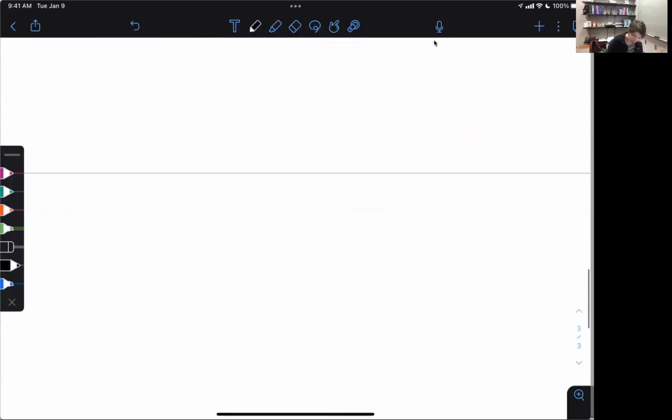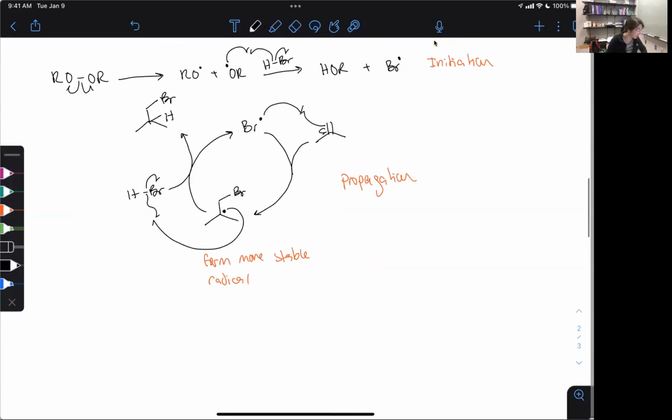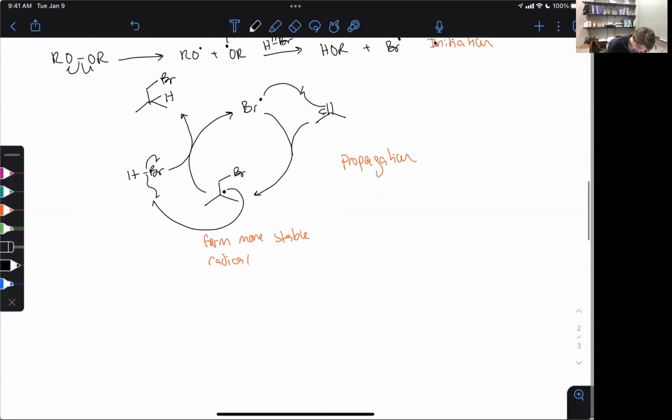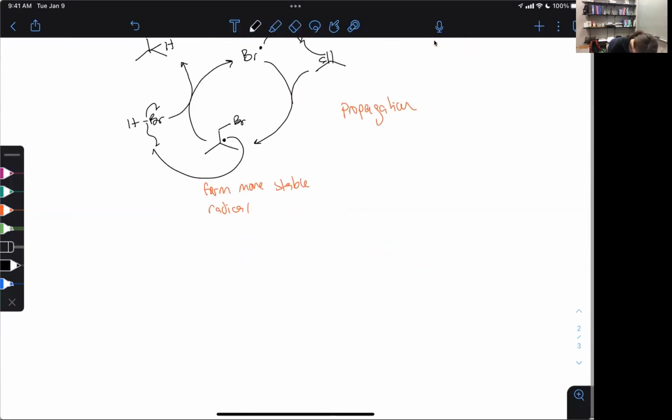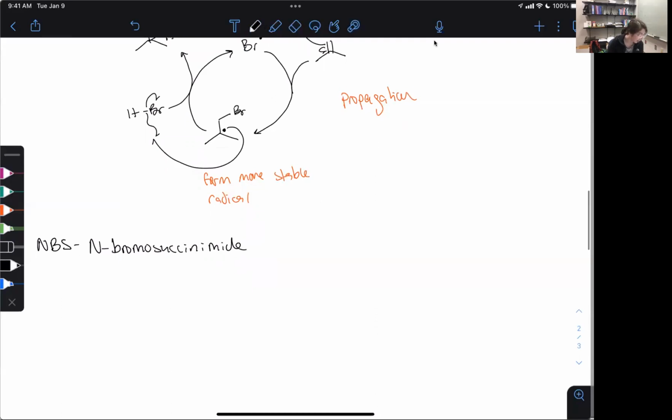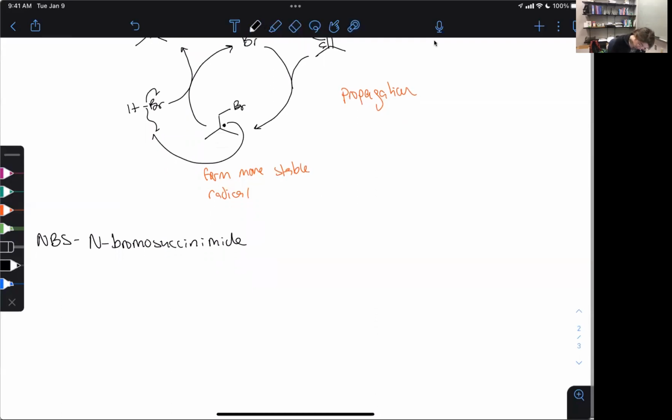Ooh, goodness gracious. Okay, so let's move on to the N-bromosuccinimide. This is frequently called NBS. It's kind of a long name, but N-bromosuccinimide is how you say it. For this reaction, this one is kind of a special one.